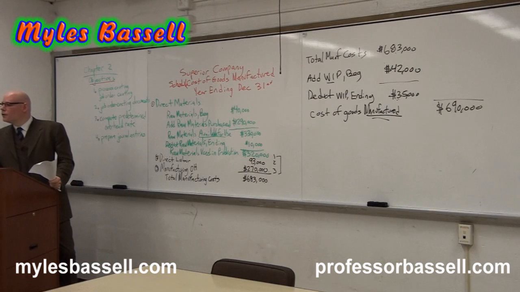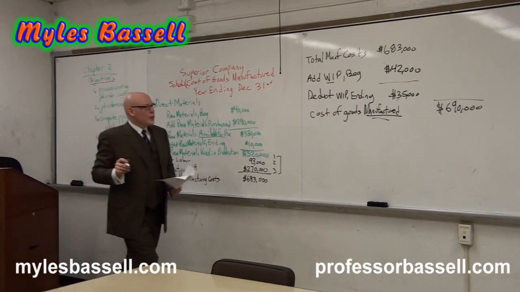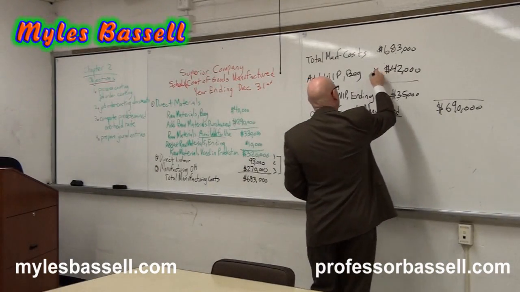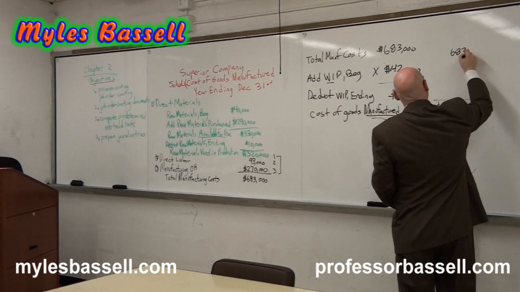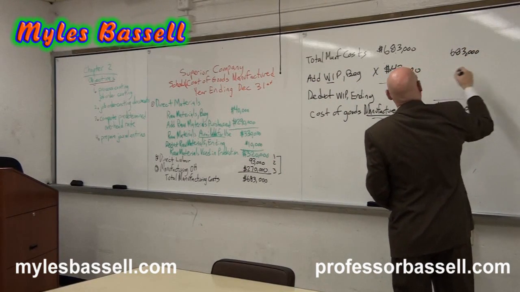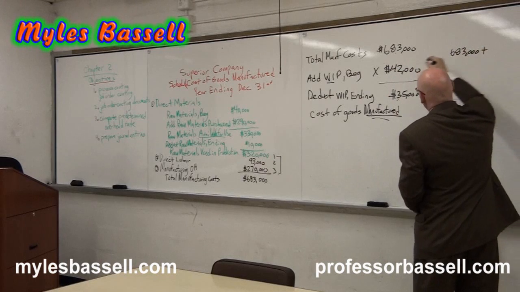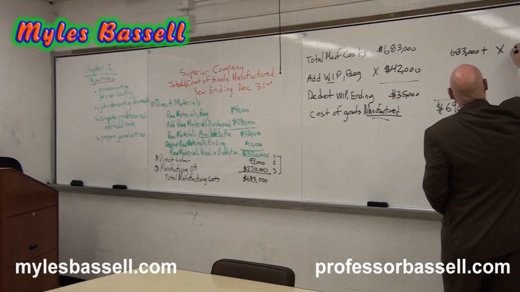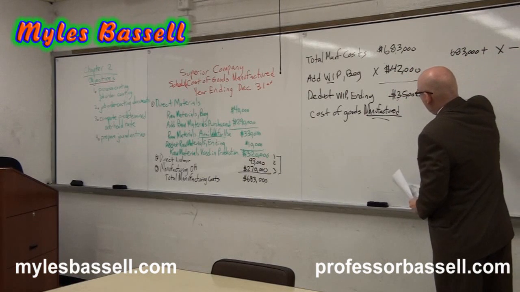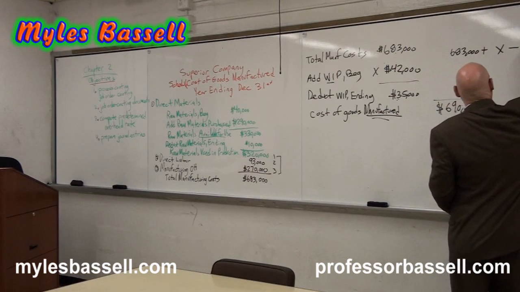What was that? How did you get the beginning WIP? Okay, so this they didn't tell us. Right. So we had 683,000. And then to that we have to add the WIP, which we don't know. Then we subtract this, which is the ending WIP, which is given.